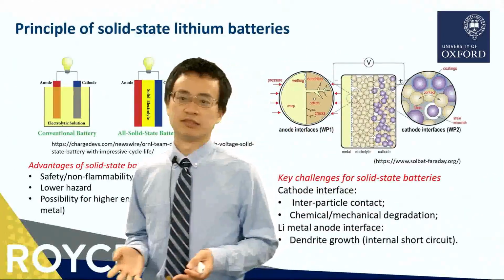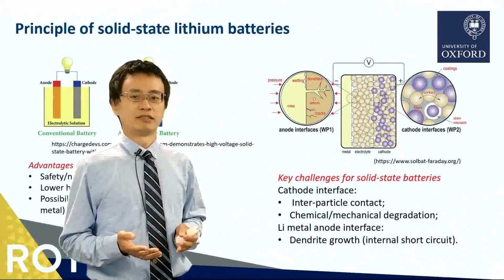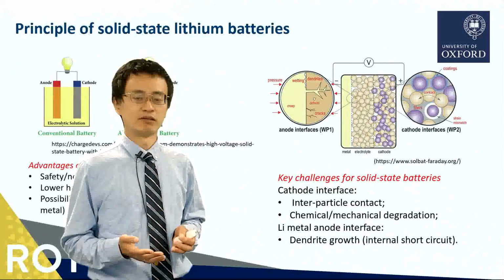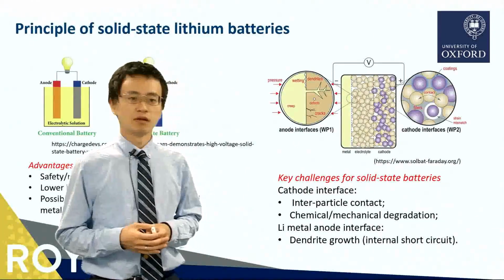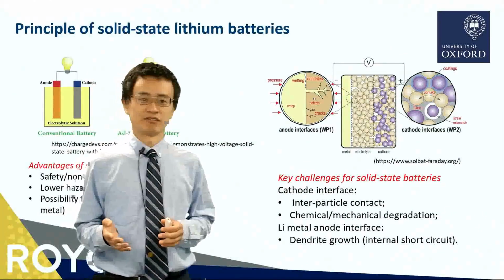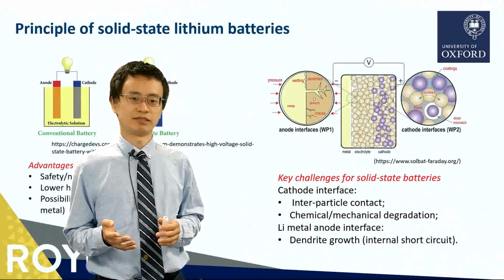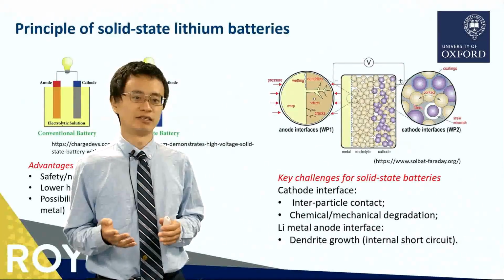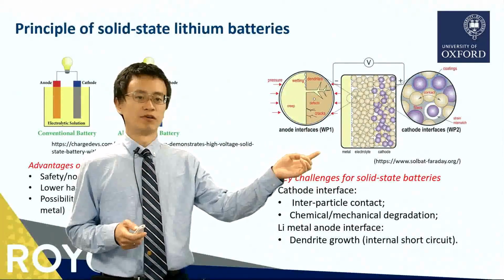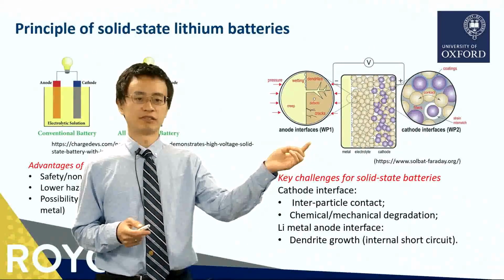However, despite these kind of advantages, there are a few challenges of the solid-state batteries before it can be put into practical applications. Besides of the material property itself, there are some key challenges of the batteries at the interface against the electrode. As we can see in this schematic here, for different interface against cathode and lithium metal, there are different challenges.